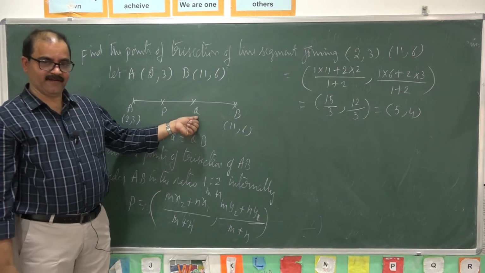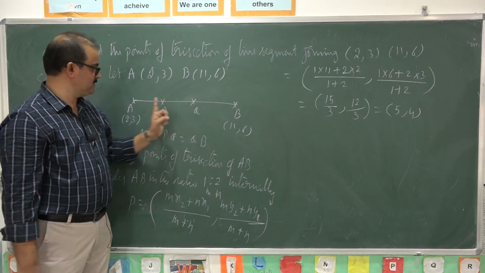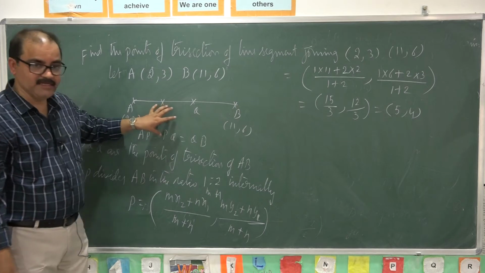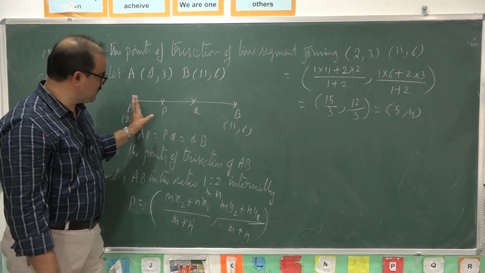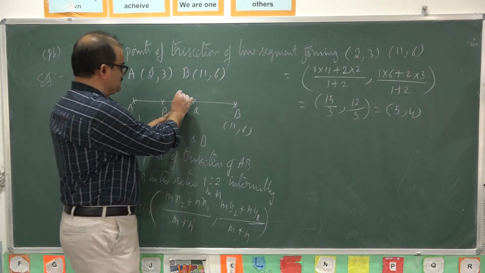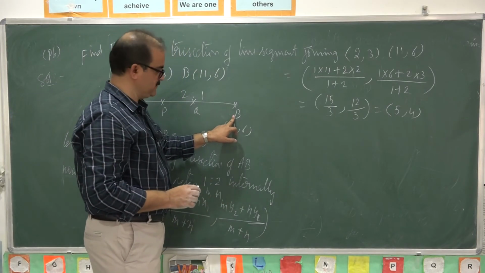Next point of trisection, that is Q. Here Q divides AB in the ratio 2:1. Why is it 2:1? There are two parts here, AP and PQ, so it is 2:1. There is one part here.